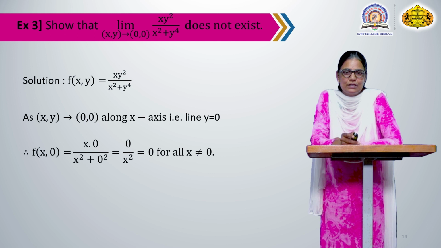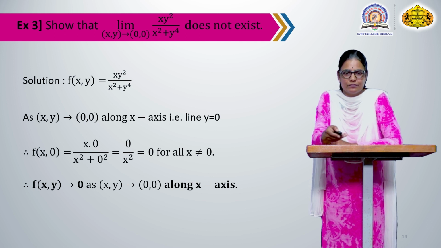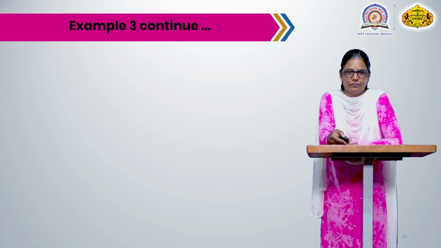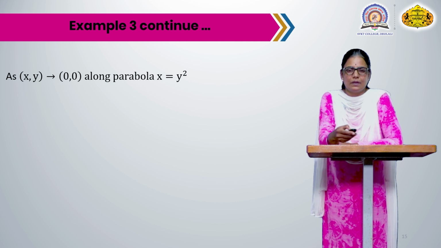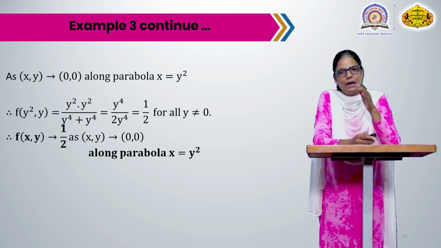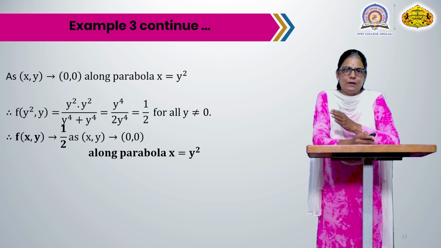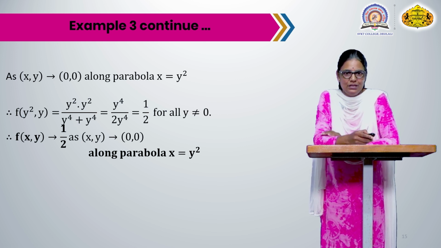The degree of y is 2 times the degree of x. So consider the path x equals y square, or you can directly consider the path x equals my square, that is, the family of all parabolas passing through the origin.